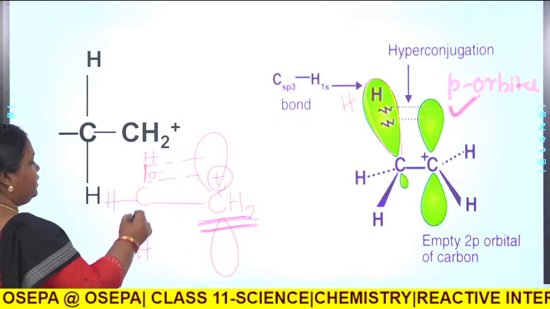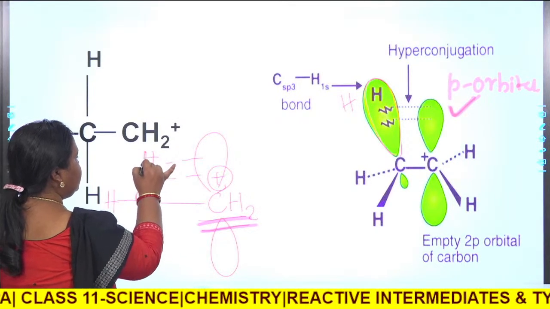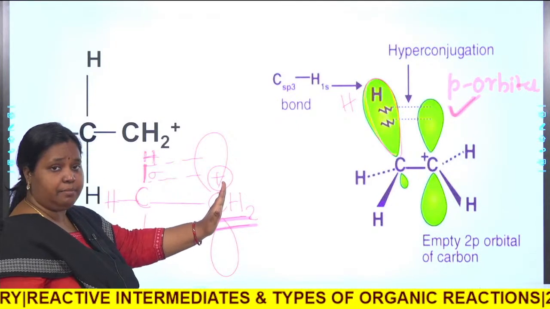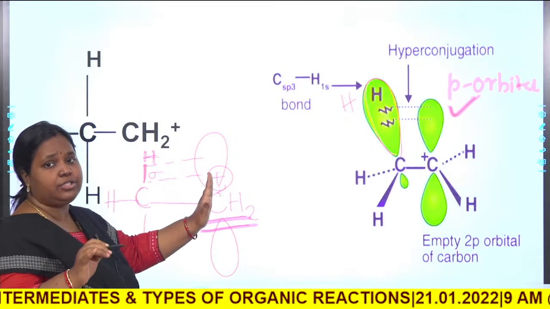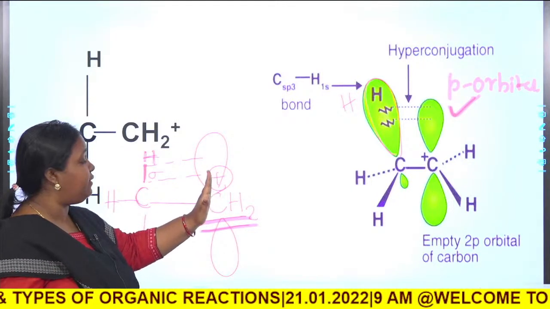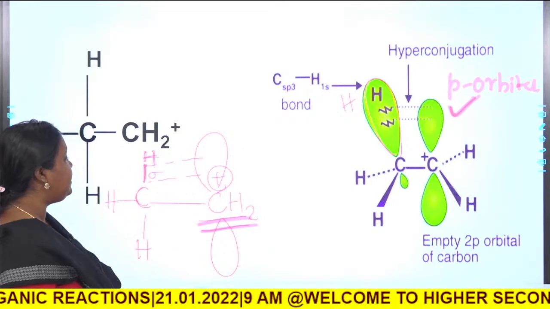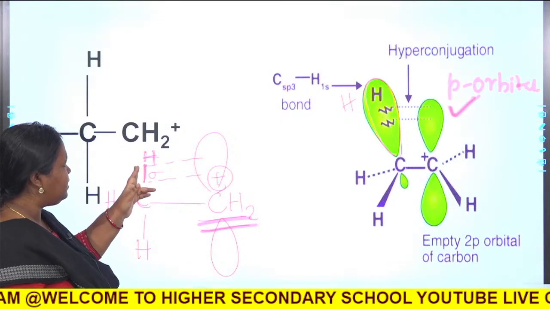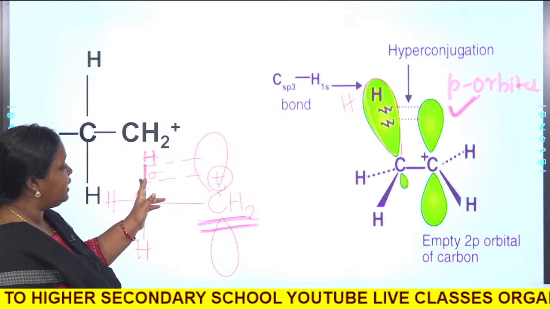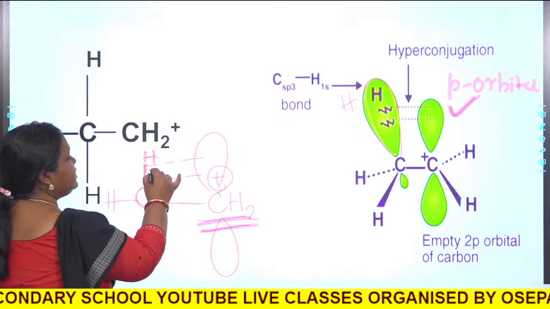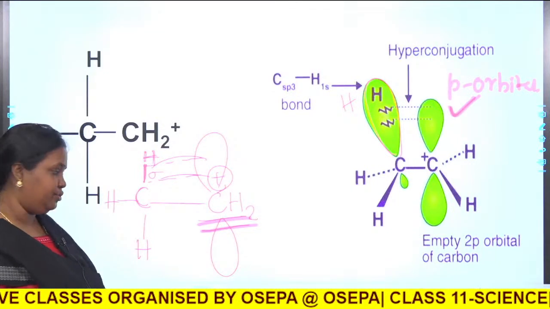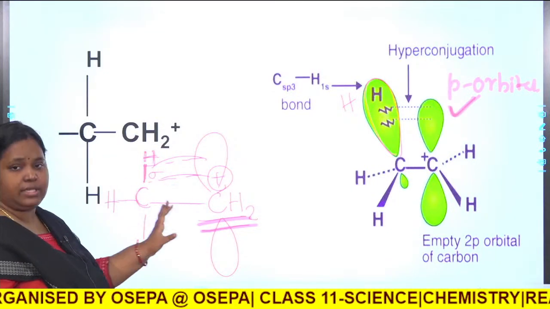Mark it: if a carbon-hydrogen sigma bond is present, and the adjacent carbon has a vacant p orbital, then that sigma electron can sometimes migrate or move into this vacant orbital, and this leads to hyperconjugation. This is according to orbital theory.